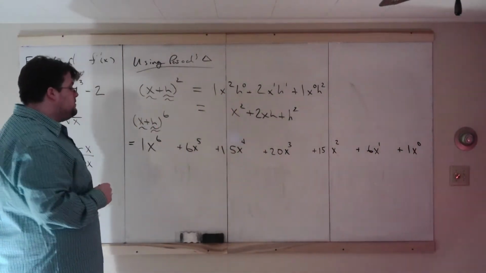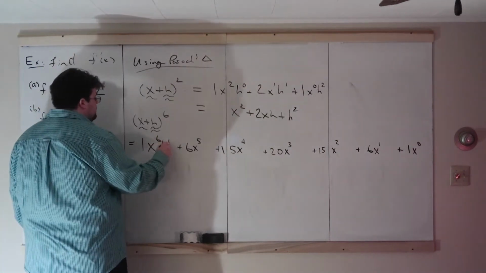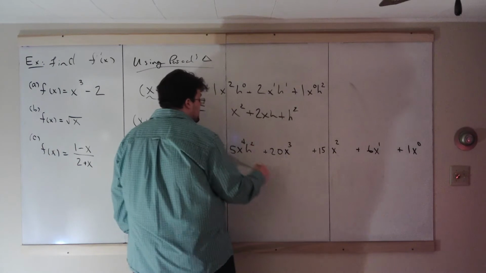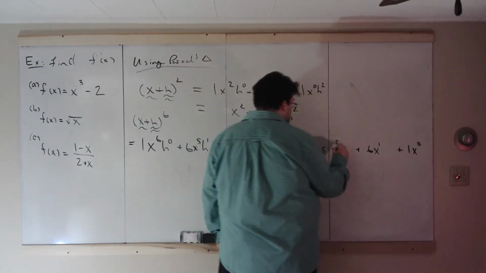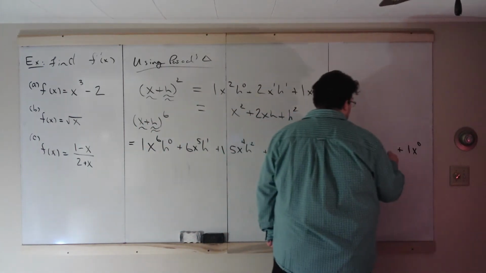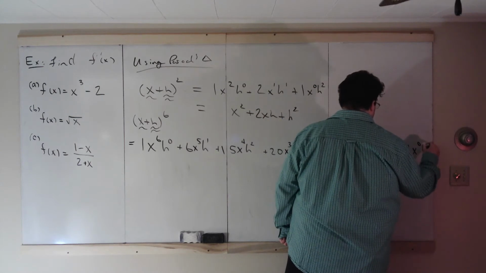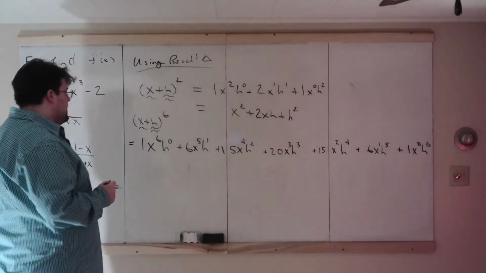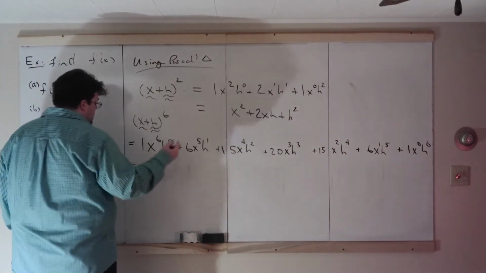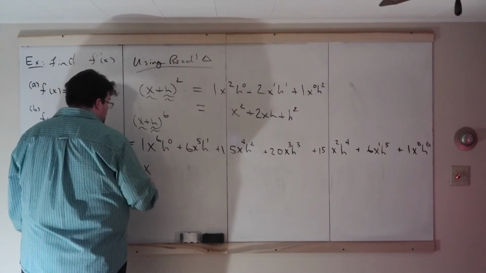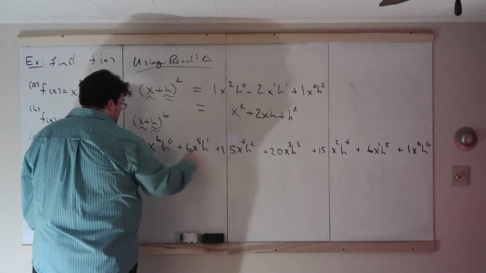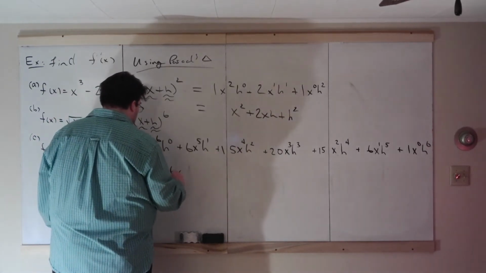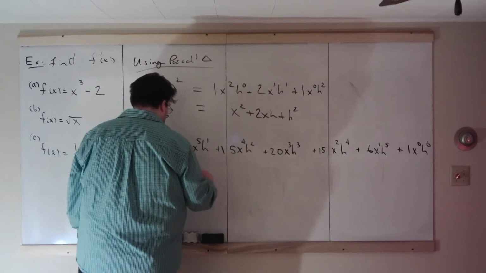So we put 0 h's here, 1 h here, 2 h's here, 3 h's there, 4 h's there, 5 h's there, 6 h's over there, and we're not going to write the ones we don't need to write.